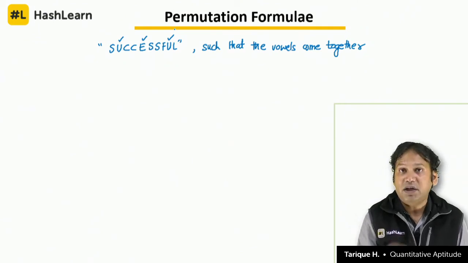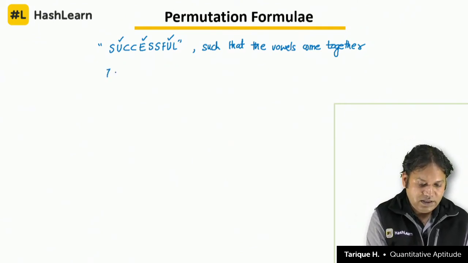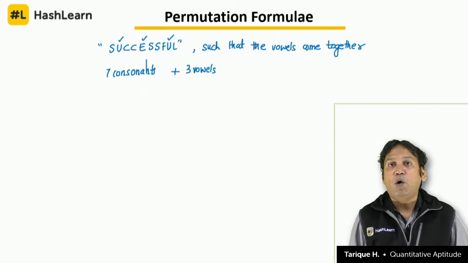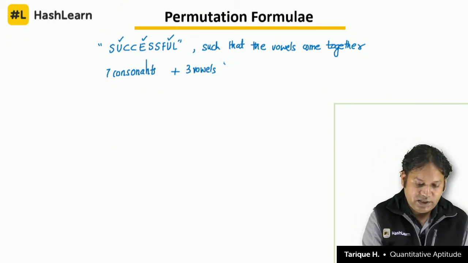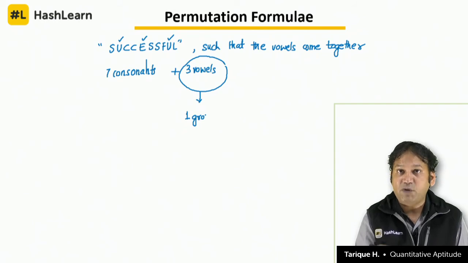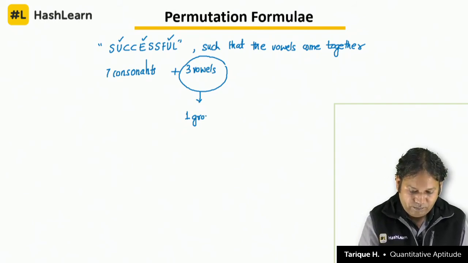So, there are 3 vowels, that means there are 7 consonants and there are 3 vowels. We want the vowels to be together in a group. So, the 3 vowels, let us call them one group of vowels, and then we start looking at them as one instead of looking at them as 3.